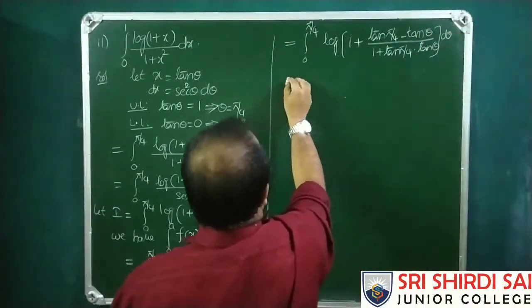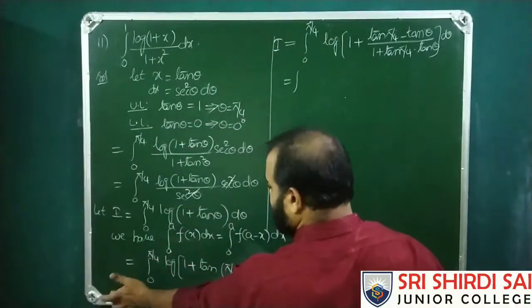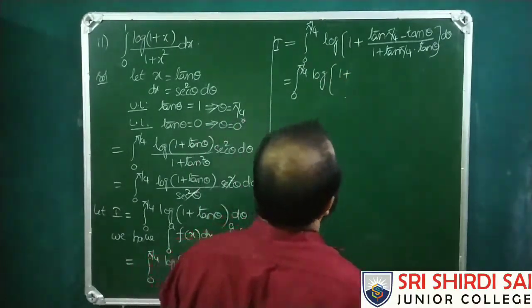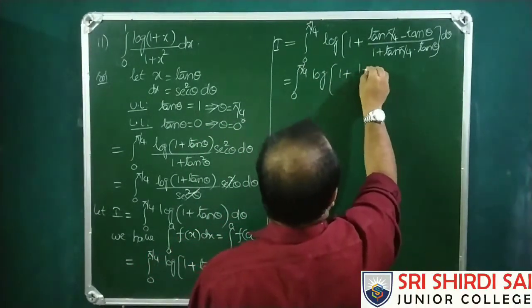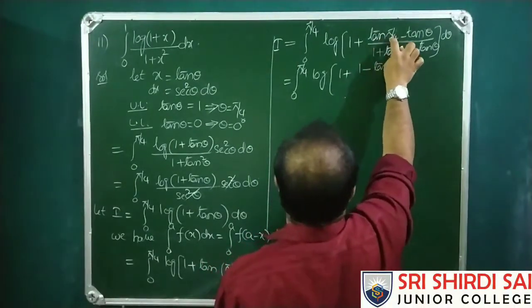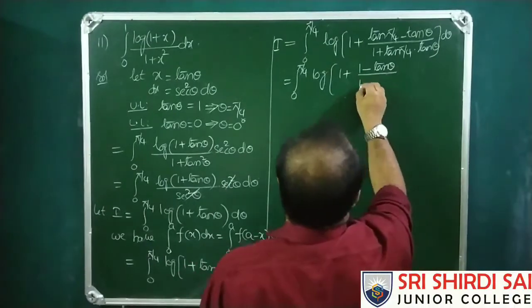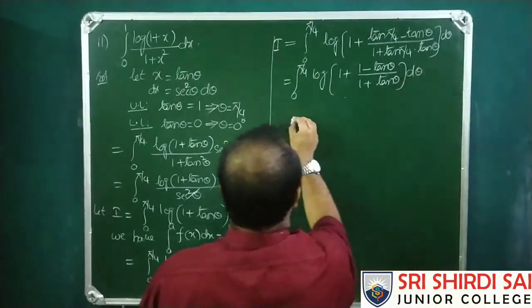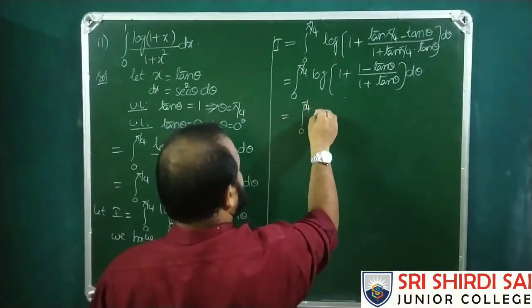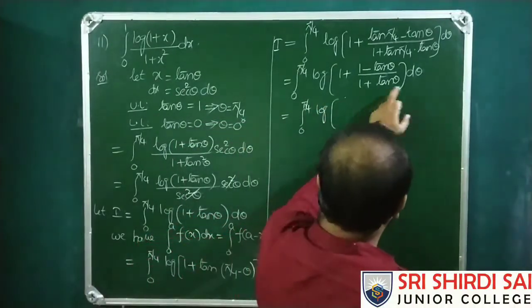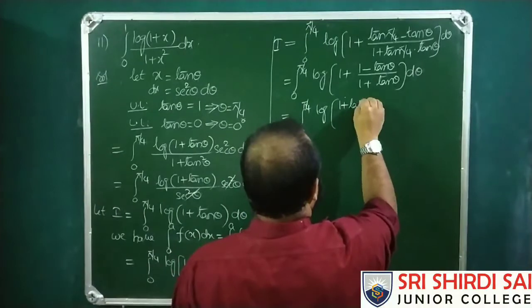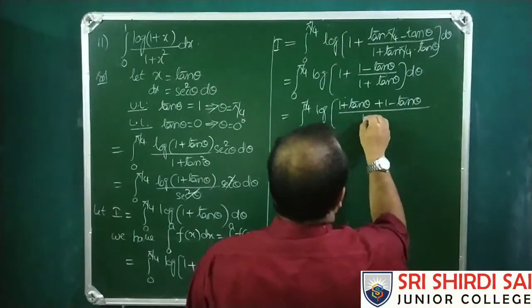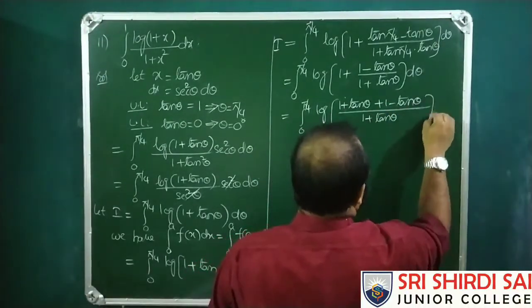This is I. So integral 0 to pi by 4 log(1 + (1 minus tan theta) by (1 + tan theta)) d theta, since tan 45 is 1. If you take the LCM, (1 + tan theta + 1 minus tan theta) by (1 + tan theta) d theta.